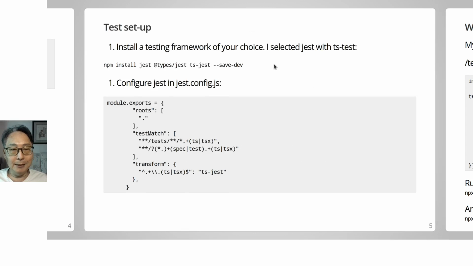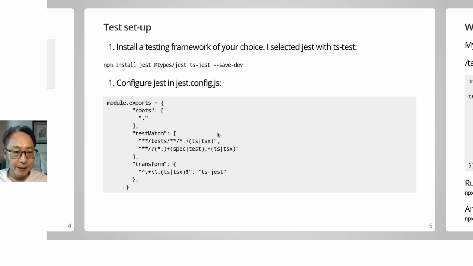So to test my sum function, not method, we first need to install a testing framework, and that's the command again. After installing the testing framework, you need to configure it.